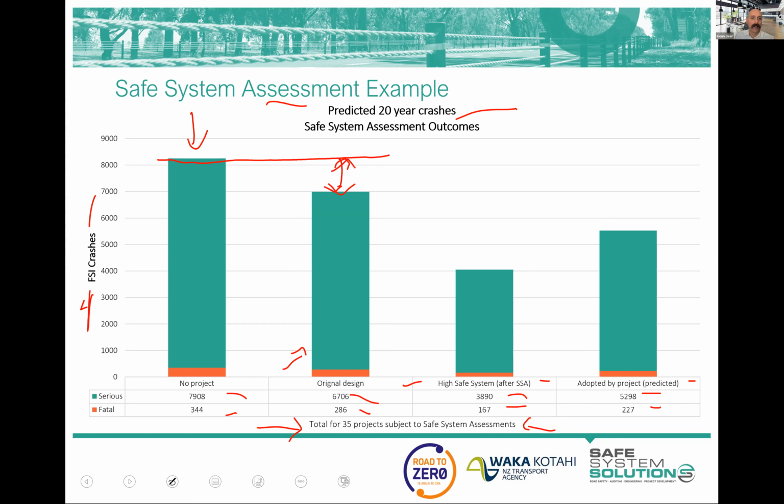They've improved road safety by that much. The next thing is that's the addition we can do with what we know, what the safe system assessors believe is able to be done.